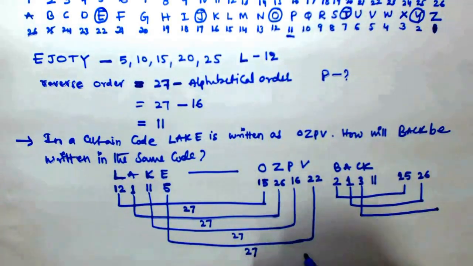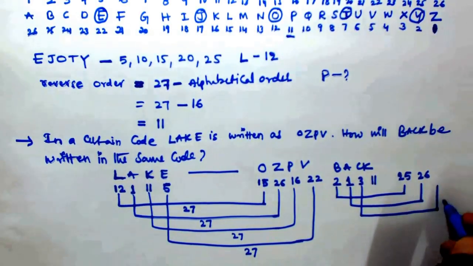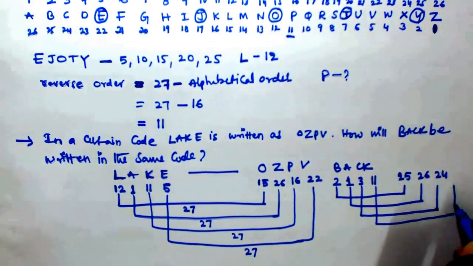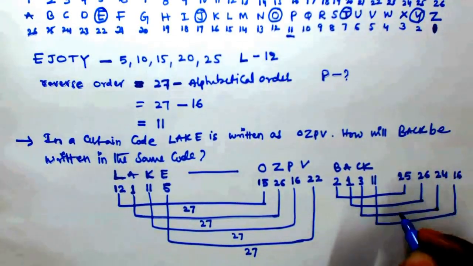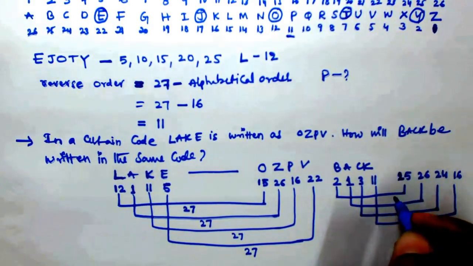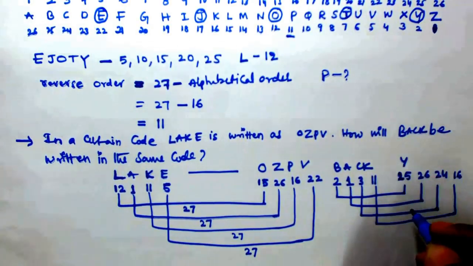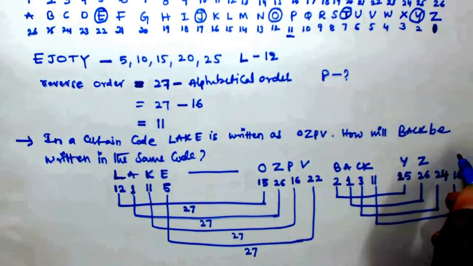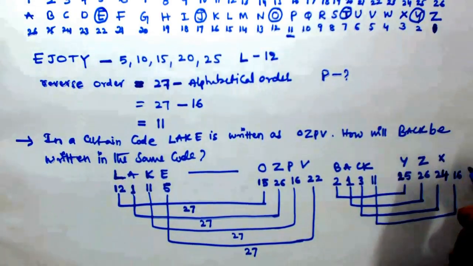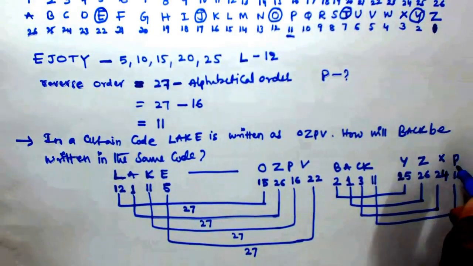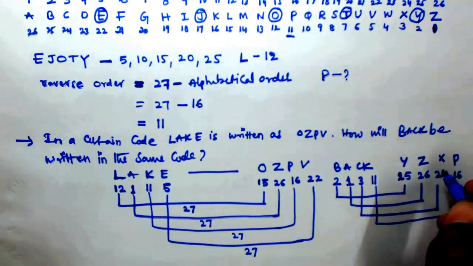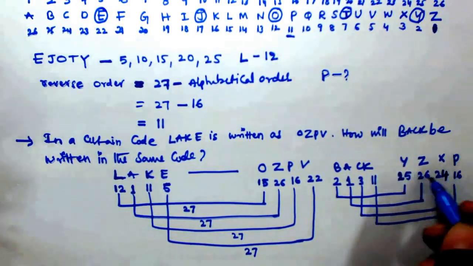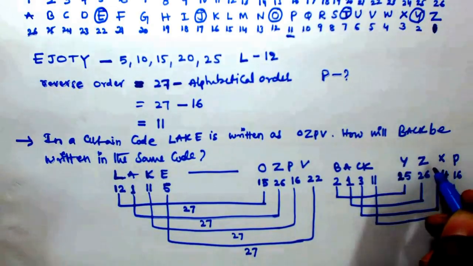By adding 24 to 3 we get 27. By adding 16 to 11 we get 27. The 25th letter is Y using EJOTY, 26 is Z, 24 is X, and 16 is P. So BACK is coded as YZXP.